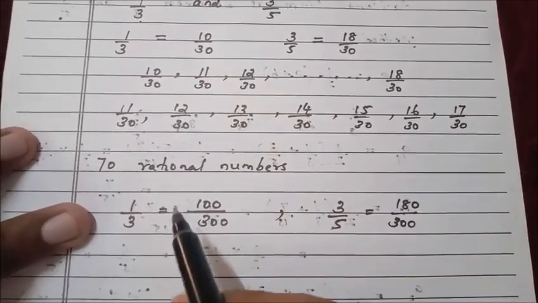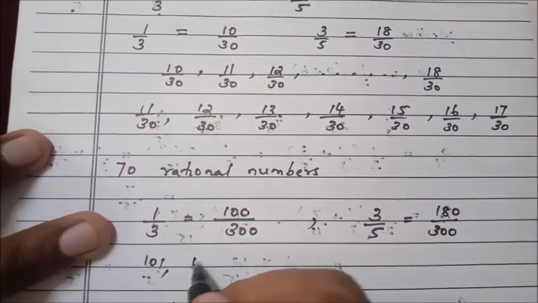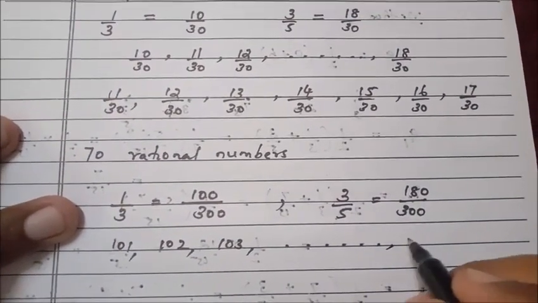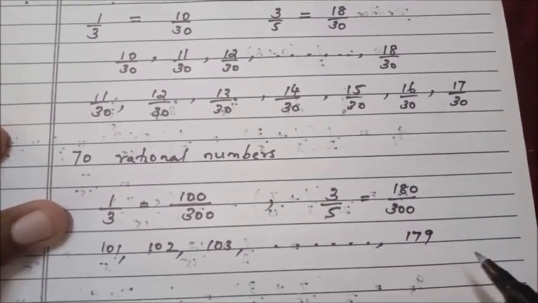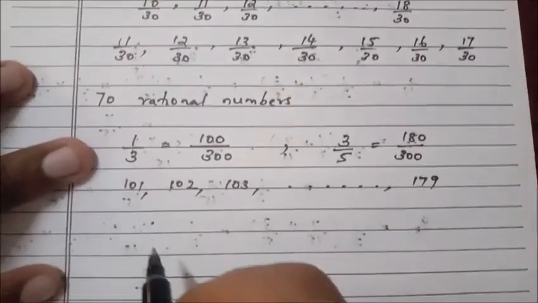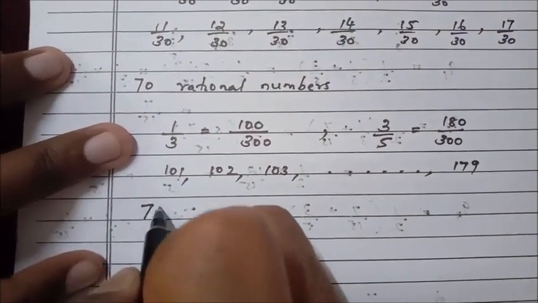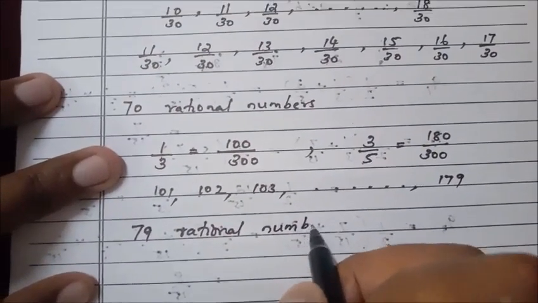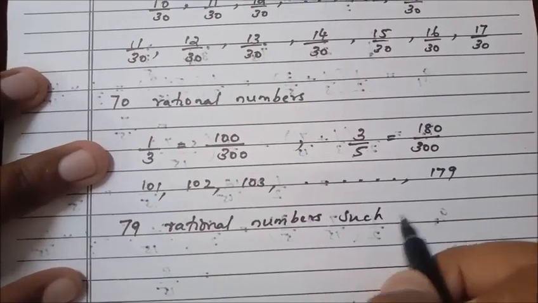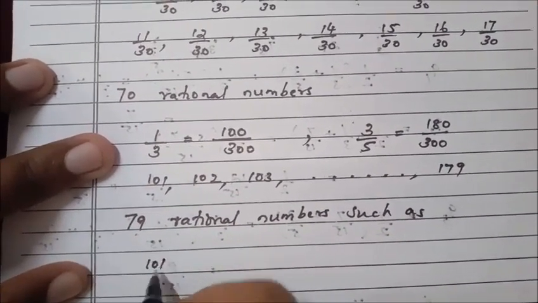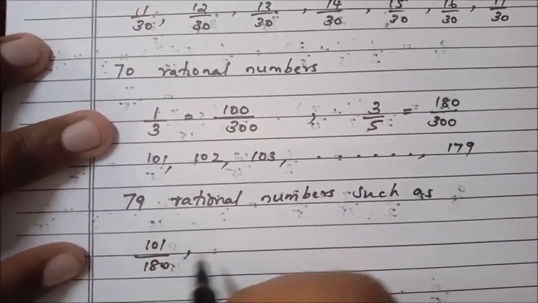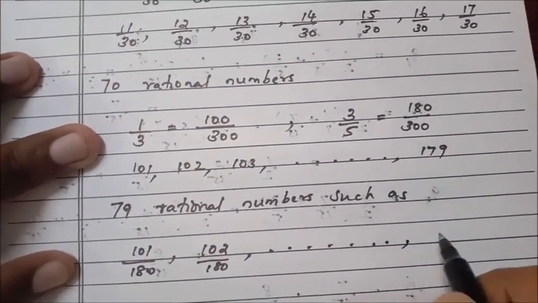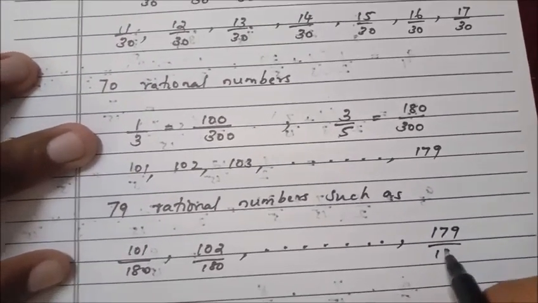They are 101, 102, 103, so on up to 179. Therefore, we can write 79 rational numbers such as 101 upon 300, 102 upon 300, so on up to 179 upon 300.